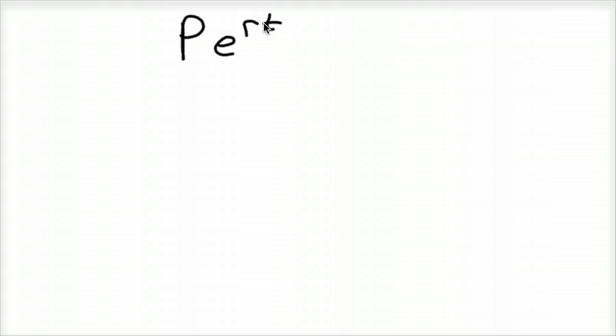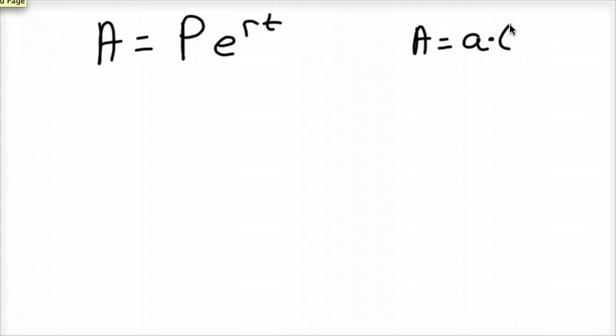This is the continuous growth formula, or also the continuous decay formula: amount equals P e to the RT. If we just wanted the simple annual rate of growth or decay, we could use A equals P times 1 plus or minus R, to the T power, where T is time, P is our initial amount, and the capital A is the amount that we end up with.